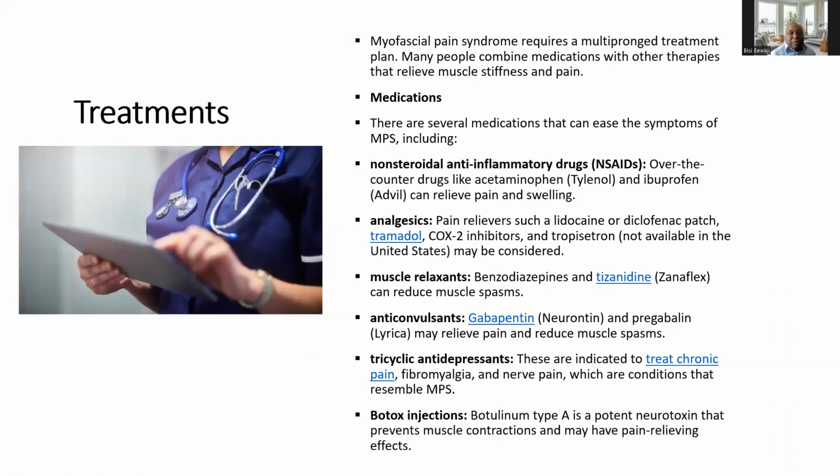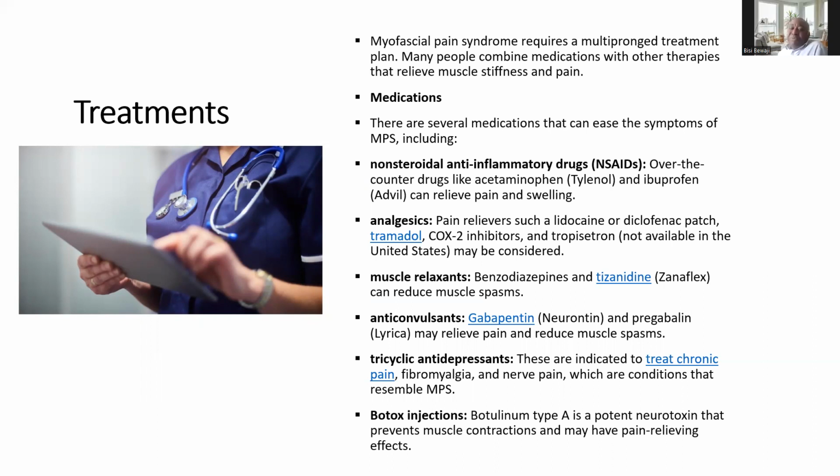Treatment. Like I said, it's a multi-pronged thing. First of all, because there's inflammation and pain in the muscles of mastication, you want to give something to stop the pain and reduce the inflammation.